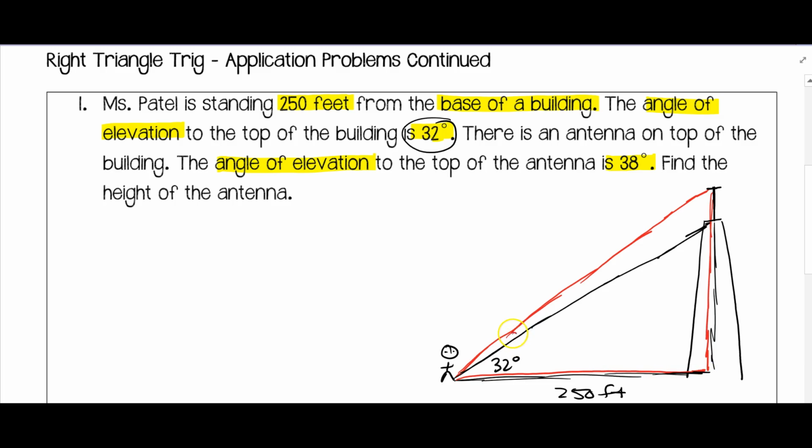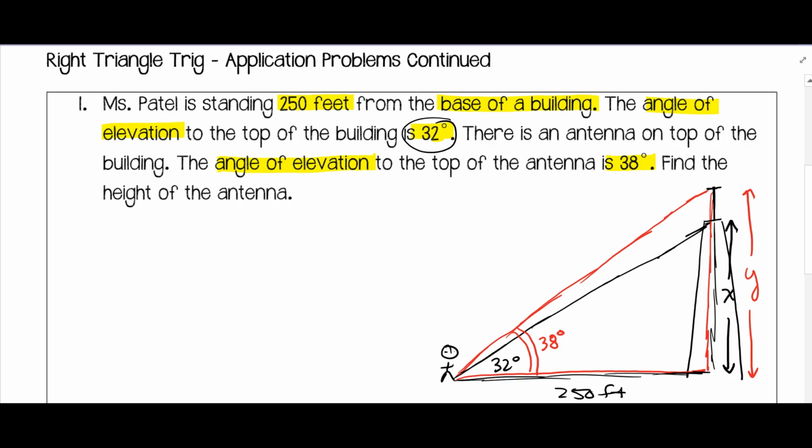All right, and that angle of elevation is going to be 38 degrees. All right, so I'm going to let this distance all the way to the top of the antenna be y, and I'm going to let the height of the building be x.